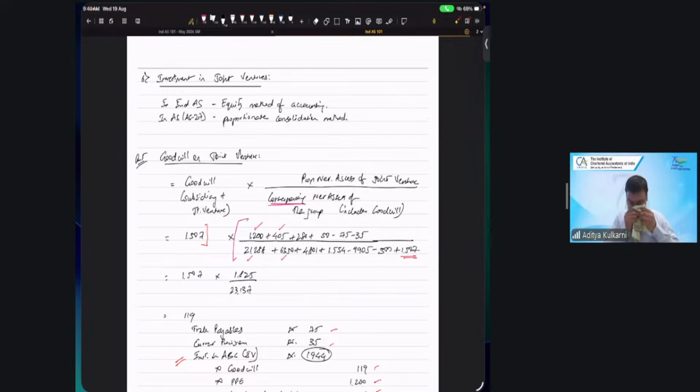AS 27 was a very much neglected topic. AS 27 required joint ventures to be accounted for proportionately, proportionate consolidation.